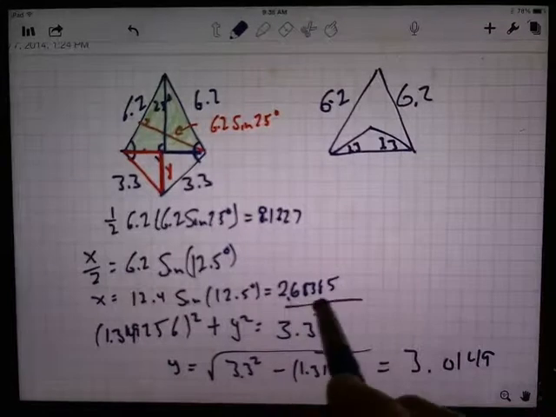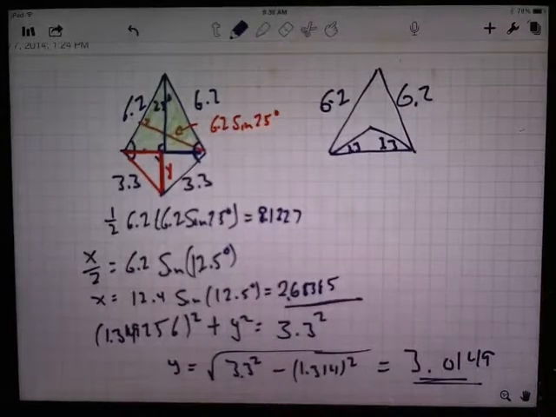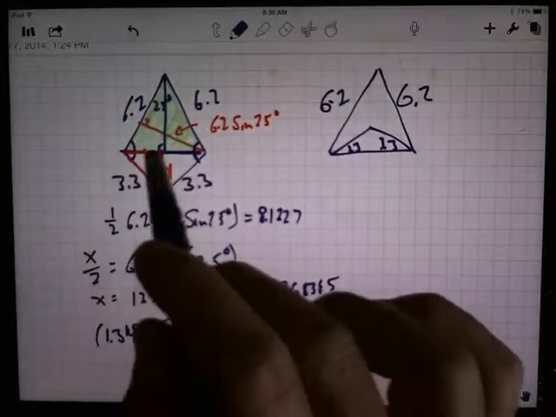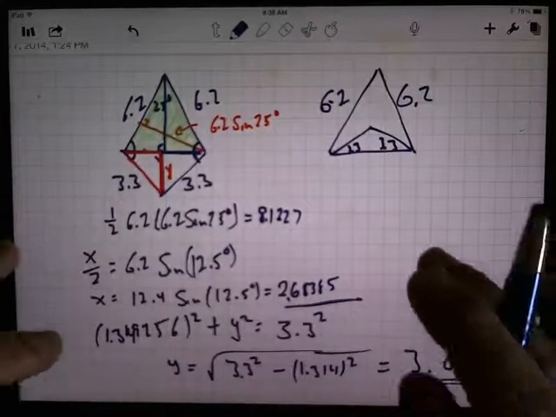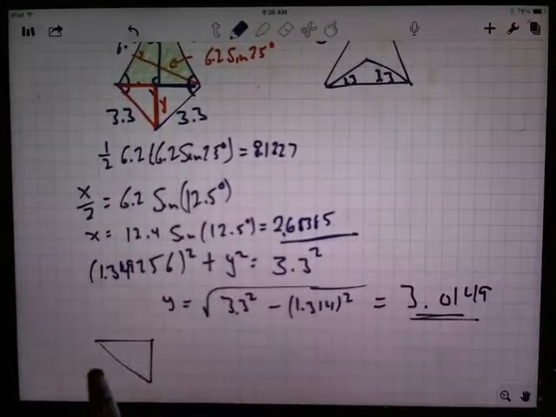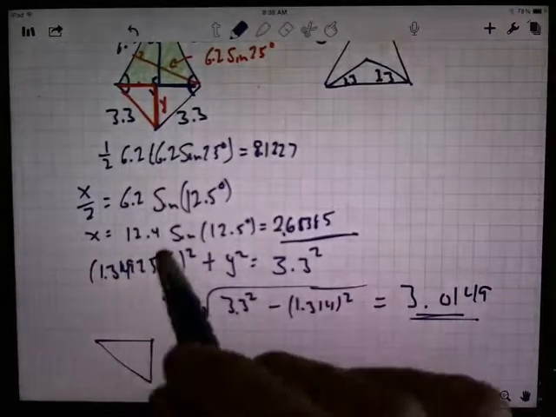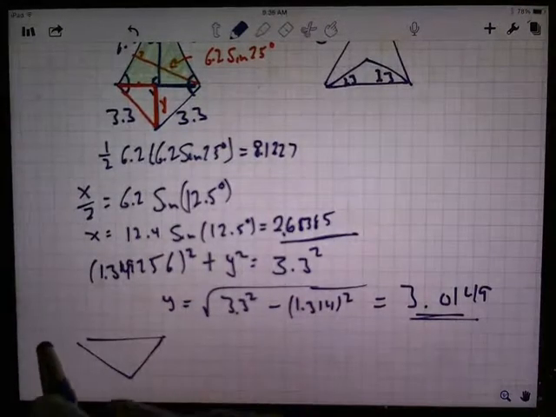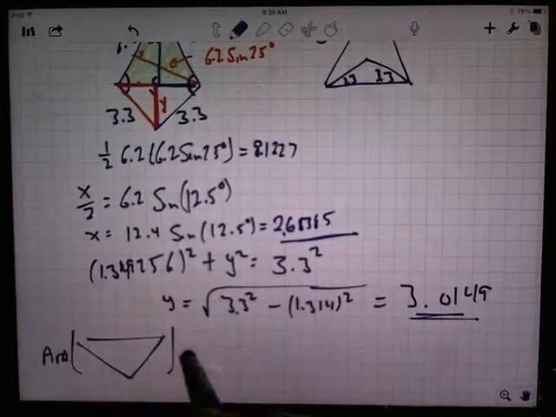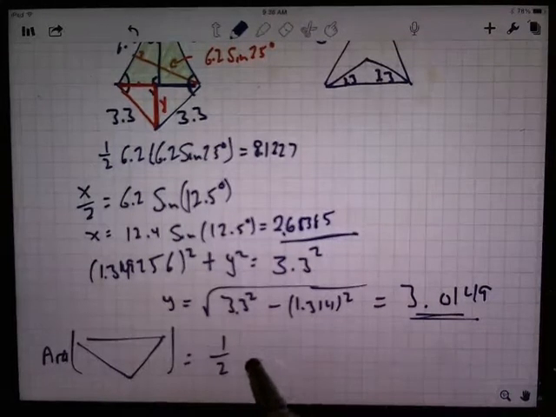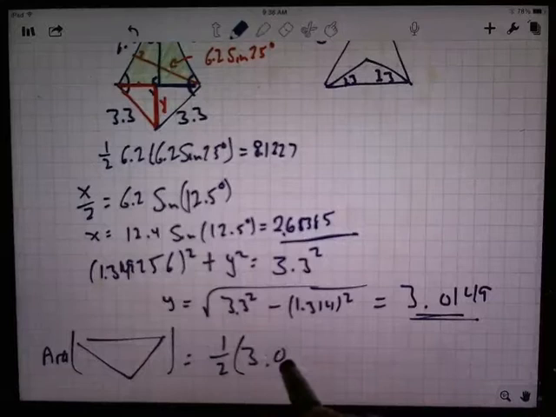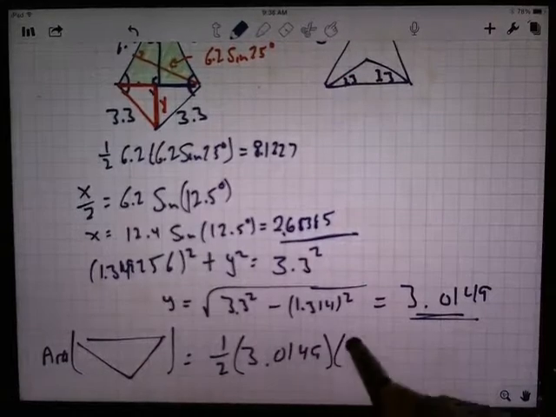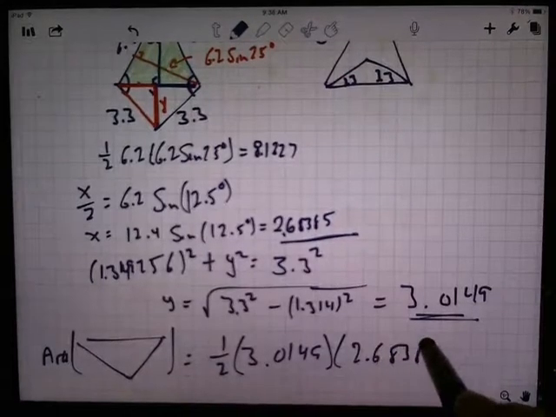Okay, so this x right here times this y times a half is going to be the area of that triangle down below. Right, so the area of this thing is equal to 1/2 times 3.0149 times 2.6838.